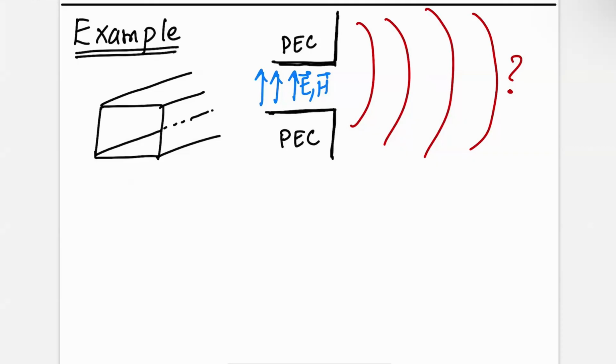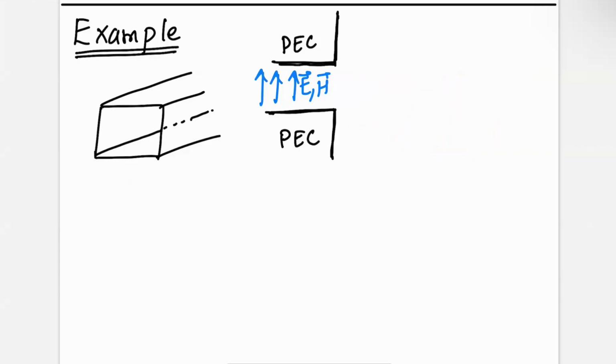So erase this. Okay, so I have a surface here, right, which is this sort of, I guess, this plane, right? Okay. So on that plane, I know what E and H are.